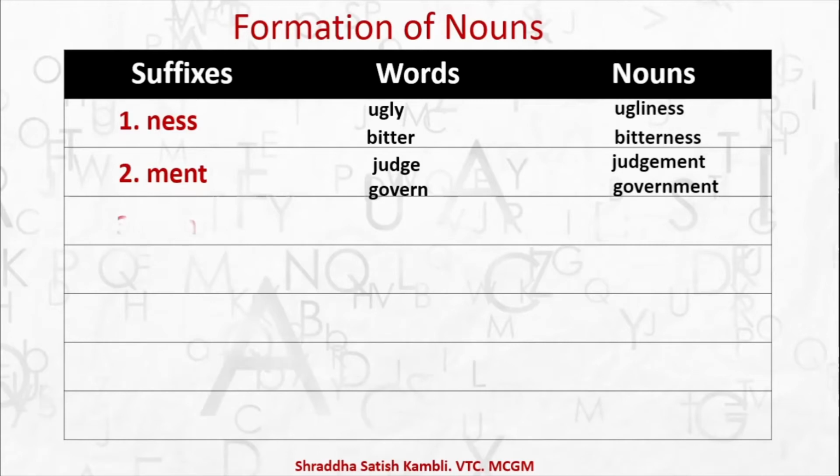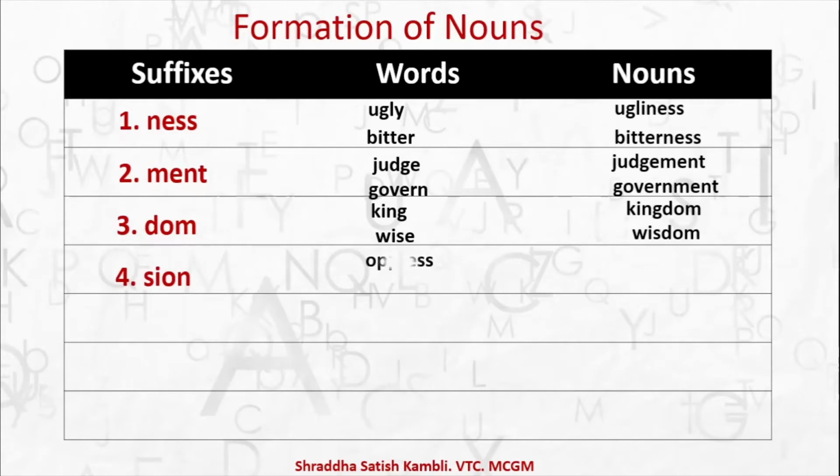Then we have D-O-M, dom. So king becomes kingdom and wise becomes wisdom. Again you will see the E has been dropped and directly the D-O-M has been added. So we do not say wise-dom, we say wisdom. Next, S-I-O-N.